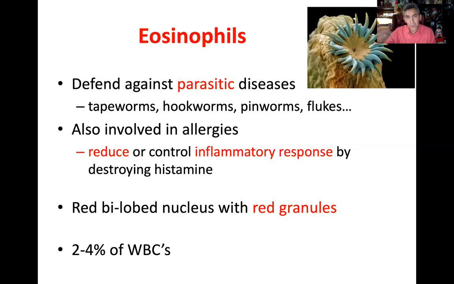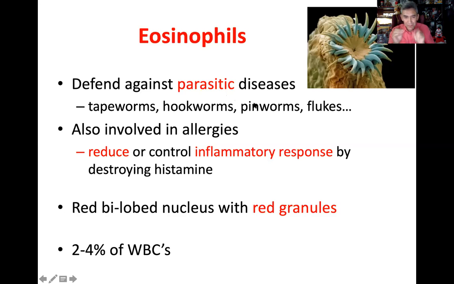In third world countries it's more common, but in our clean, high hygiene environment, we don't really typically see a lot of parasitic diseases. Hence, there's not a lot of eosinophils ever in circulation. So eosinophils defend the body against parasitic diseases.